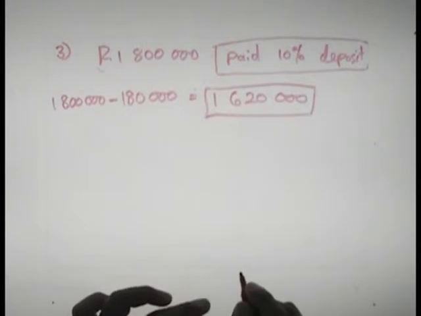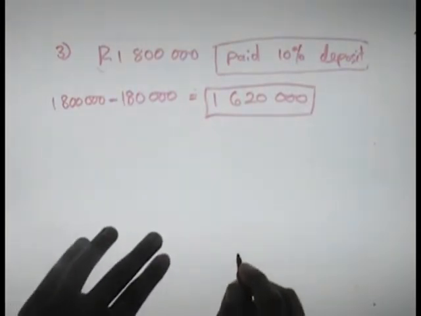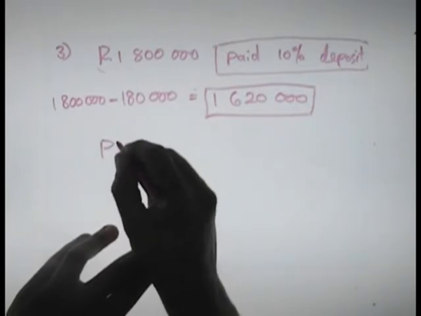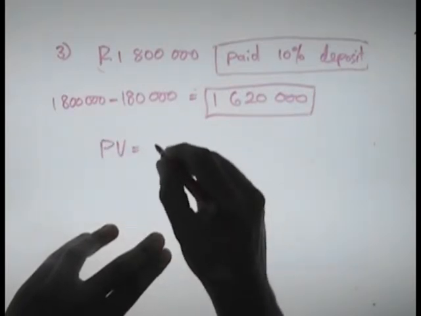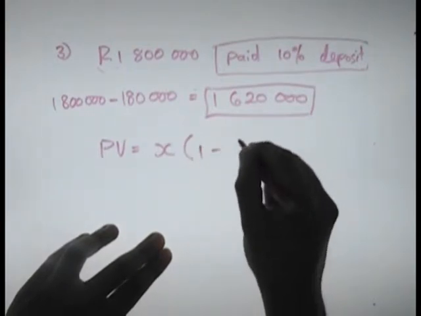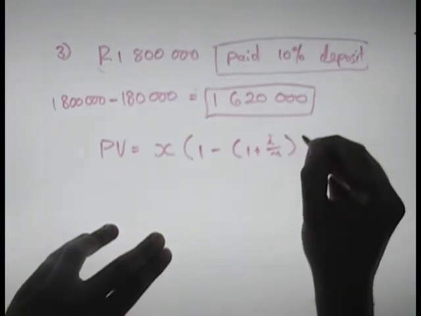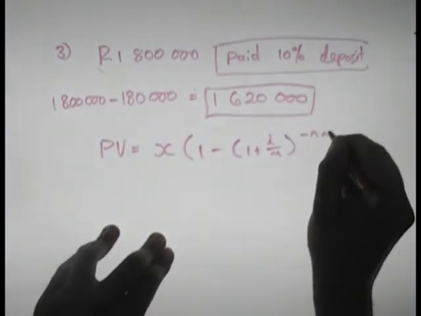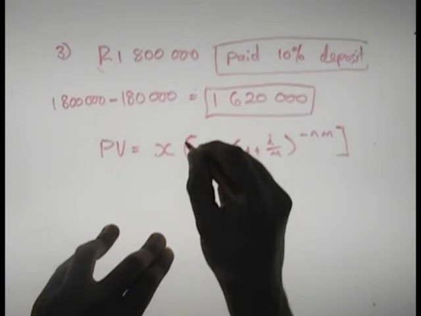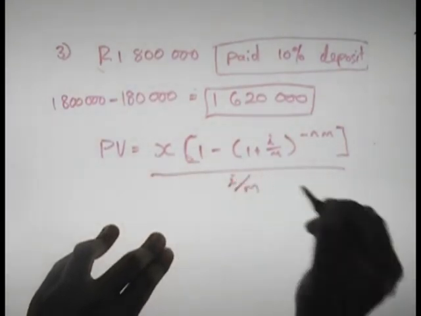Now we move into our loan calculations. There is a formula that reads: present value is equal to x multiplied by 1 minus (1 + i/m) to the power negative nm, all of that divided by i over m.